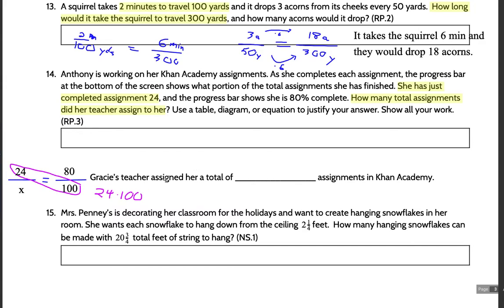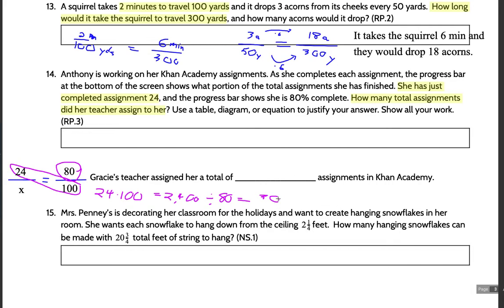You'd multiply them together. It gets you 2,400. And then you take the 2,400 and you divide it by what you have left, 80. So 2,400 divided by 80, which is 30.